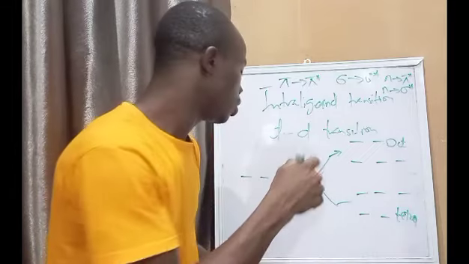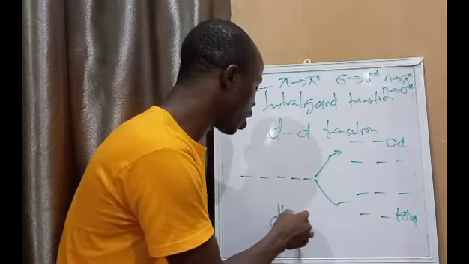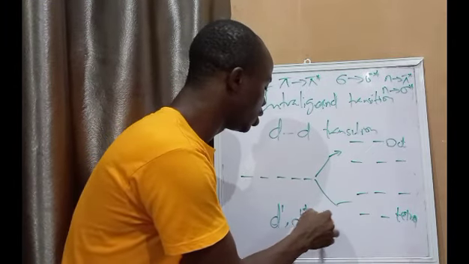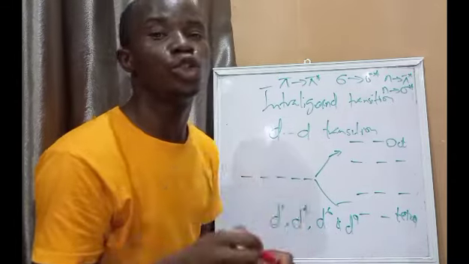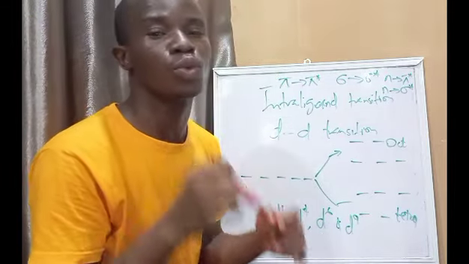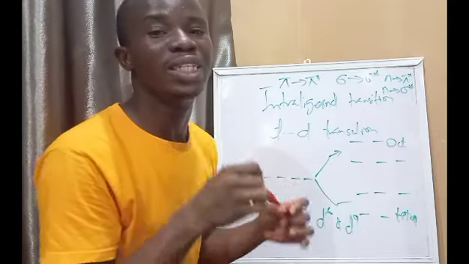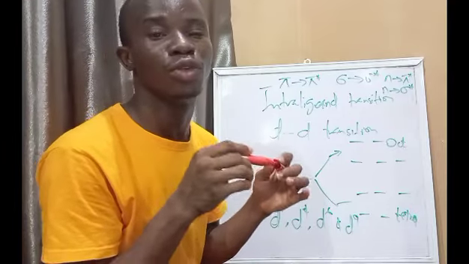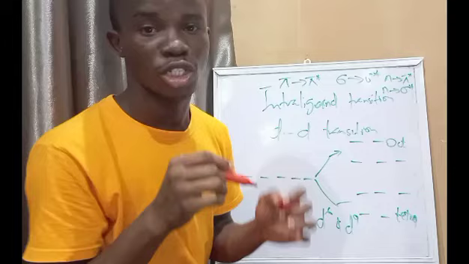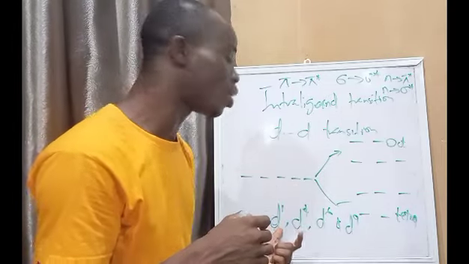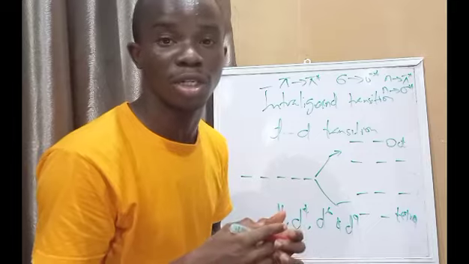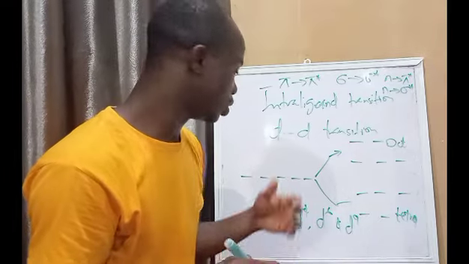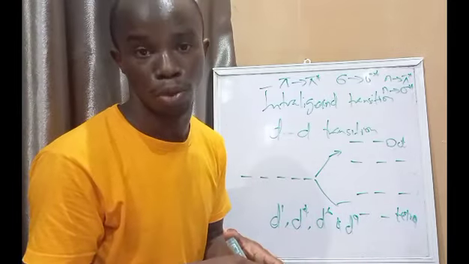So basically, we have that d1, d4, d6, and d9 metals usually give just one absorption band within the visible region of your UV visible spectrum. An example of a d1 transition metal is titanium 3 plus. An example of a d9 metal is copper 2 plus.